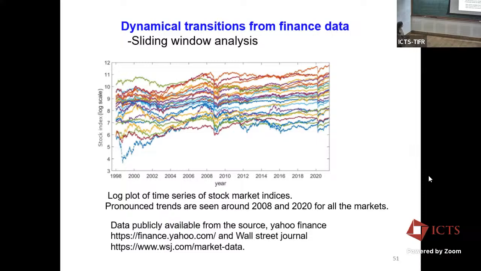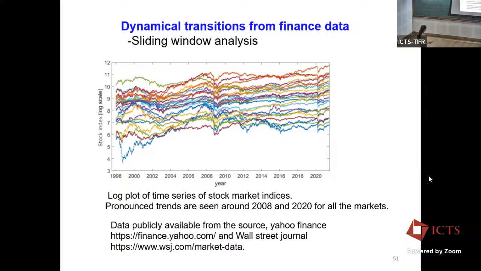This is the financial data, stock market indices over time, 1998 to 2022. Even by looking at it, you can see around 2008, that is the global financial crisis, GFC. And around 2020, what happened? COVID. That also affected the financial market drastically.